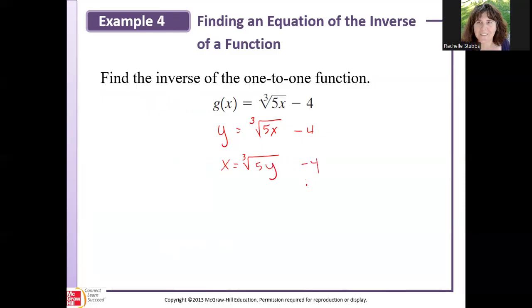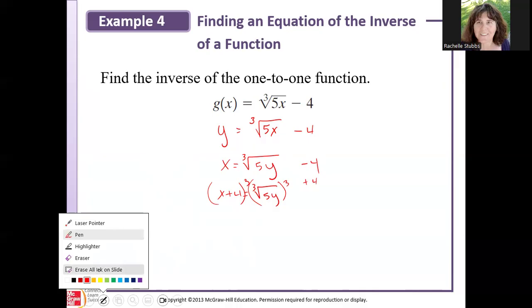Now I'm going to solve for y, so I'll add 4 to each side. And then to get rid of that, I'm going to cube each side. And I'm going to let you see how that works. So I'll erase all my writing so we can see it.